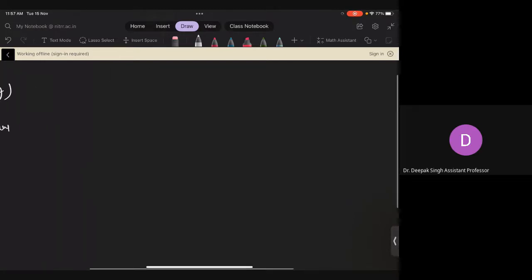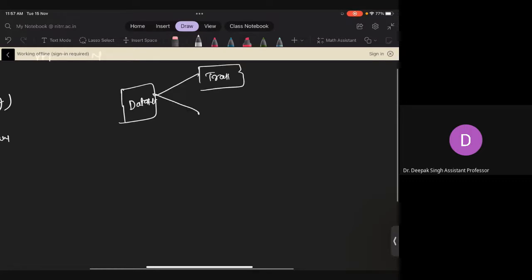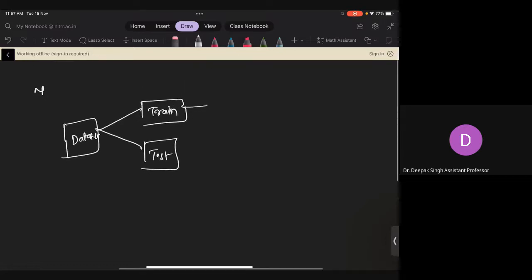As a supervised machine learning model, if I want to create an application, I need to go through some steps. That would require a data set, splitting the data into training and testing, and then the training data will be fed into a model.